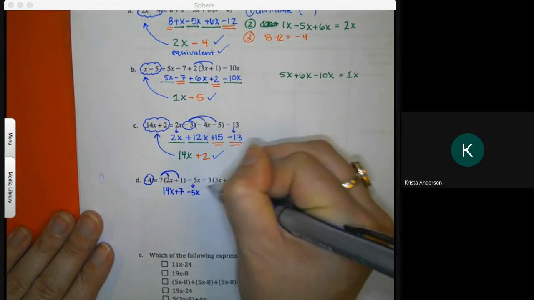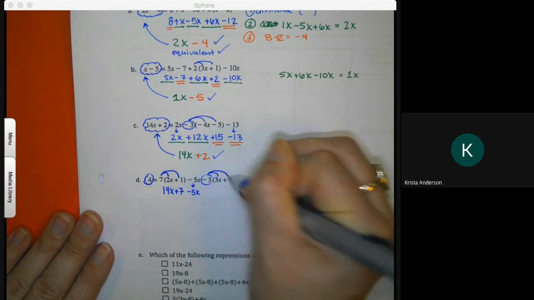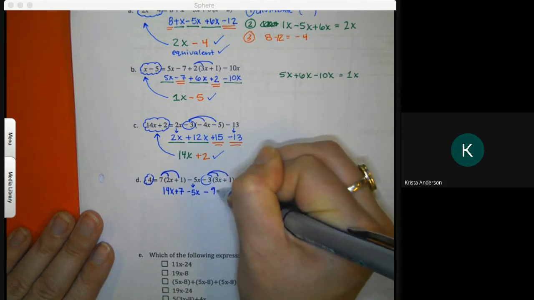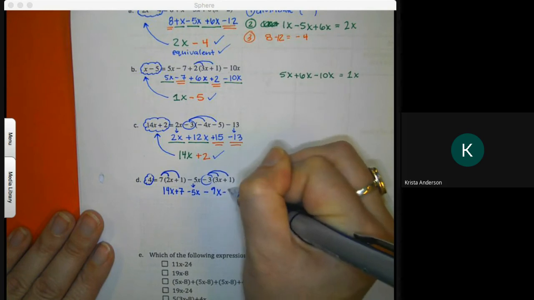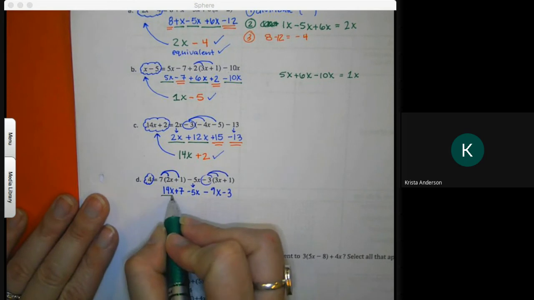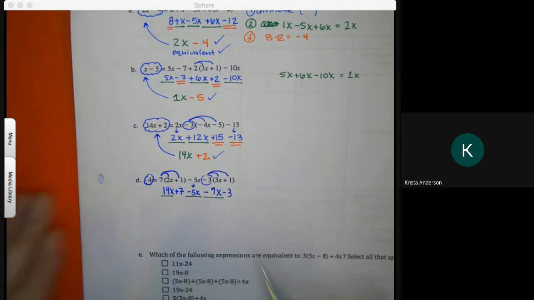This -3 now is distributed in. -3 times +3 is -9x. -3 times 1 is -3. I then count up my x's. 14 minus 5 minus 9.